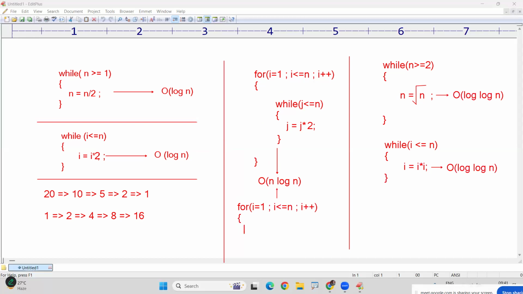The inner loop is also a for loop: j equals 1, j less than or equal to n, j equals j into 2. Both are the same, this multiplication I'm writing here. So it is also O of n log n.